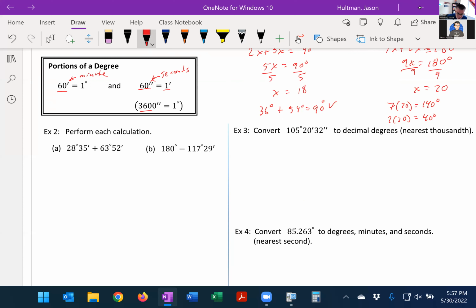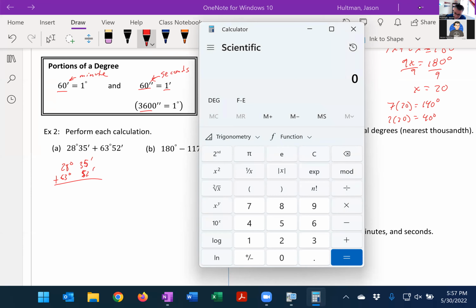So this is 28 degrees and 35 minutes plus 63 degrees and 52 minutes. Well, let's add up the minutes. If I do that on a calculator, 35 plus 52 is equal to 87.